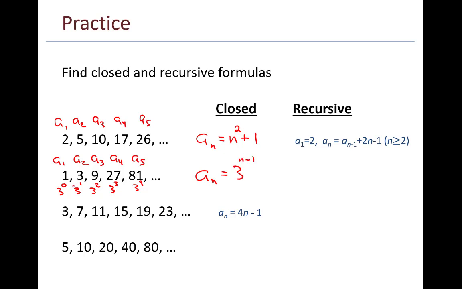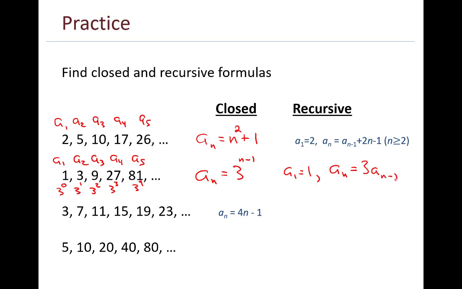And for the recursive formula, actually the recursive formula is a little bit easier, right? I start with a sub 1 equals 1, and then all I do is multiply the previous term by 3. So a sub n equals 3 times a sub n minus 1.